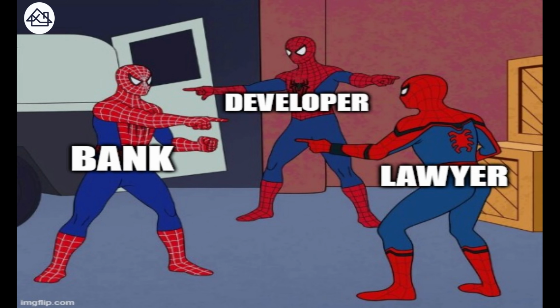Your fault. Everybody's fault. It usually starts with the developer pointing fingers at the bank, then the bank will point fingers at the lawyer, or at you as a borrower, saying you didn't provide the documents they want, or the lawyer had a defect they didn't rectify. So you get the picture. They'll be passing around the buck.